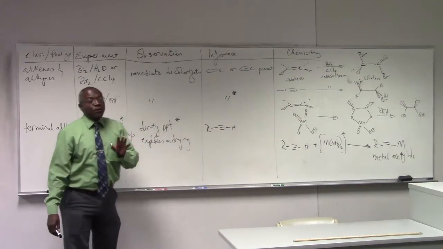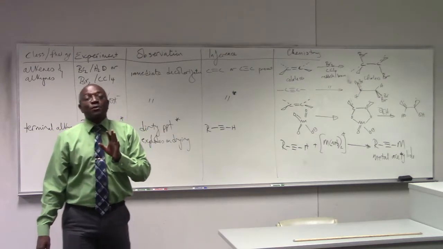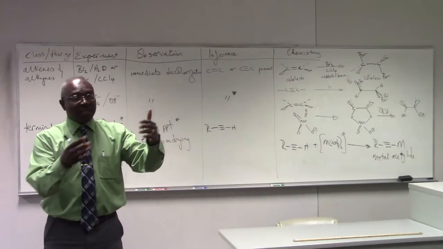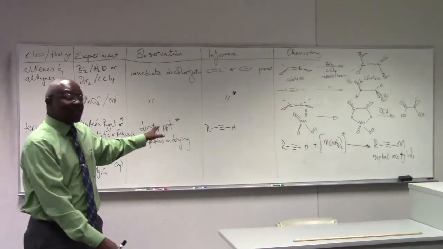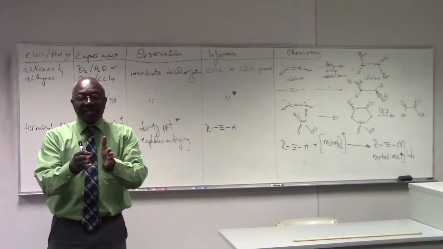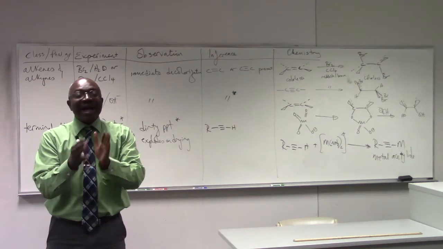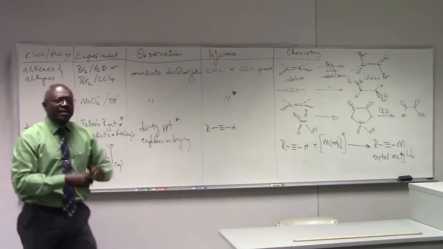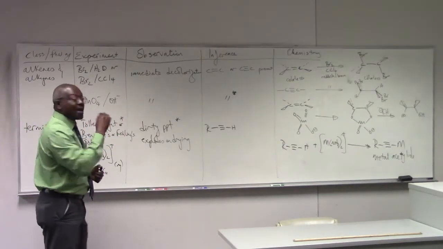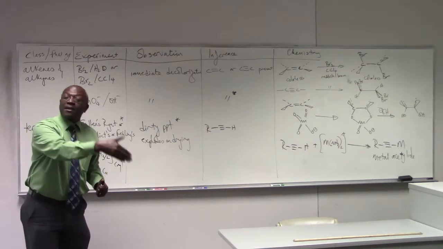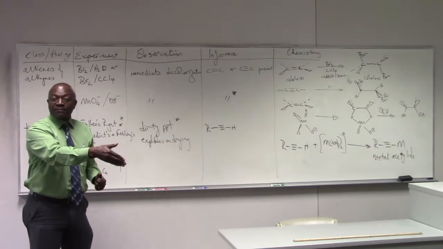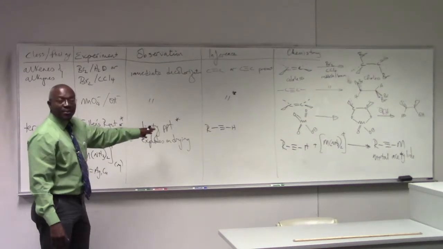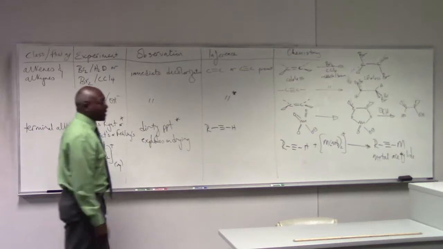So if you do it with Benedict's or Fehling's solution and you get a dirty precipitate, that can either mean it's a terminal alkyne, making the acetylide, or it's an aldehyde being oxidized to a carboxylic acid. But there are ways of distinguishing aldehydes from terminal alkynes, which you'll see in a minute. Aldehydes will not, for example, decolorize bromine in carbon tet. So if I had done the bromine in carbon tet first, and then seen the dirty precipitate, it couldn't possibly be an aldehyde.